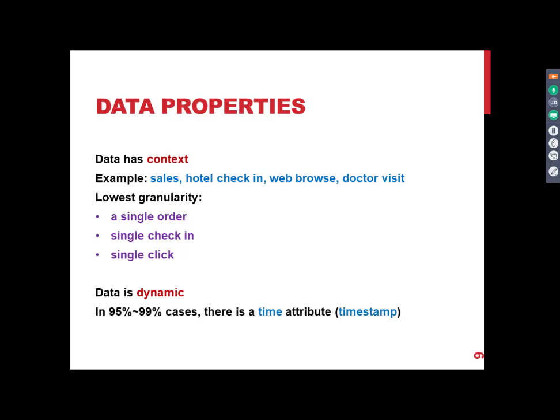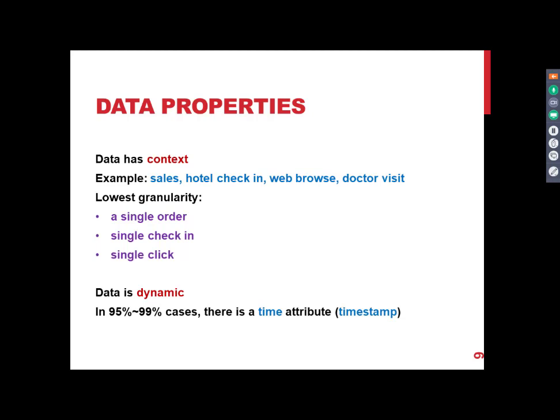However, the lowest granularity of data is defined by a single event, like a single order, a single hotel check-in, a single doctor visit, a single web browser click. So that's the lowest granularity. There is always a lowest granularity in data representation.